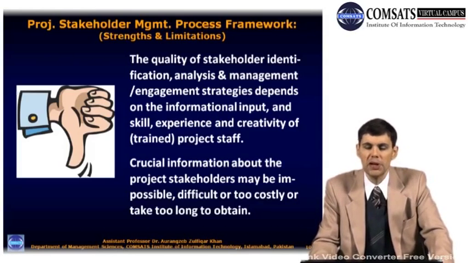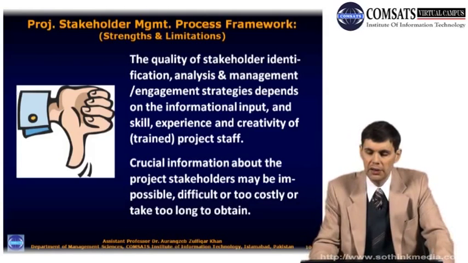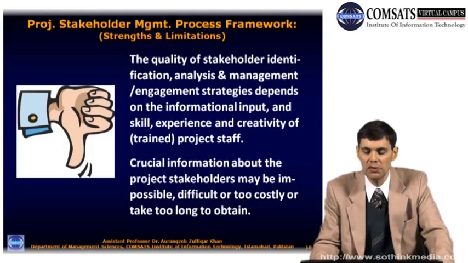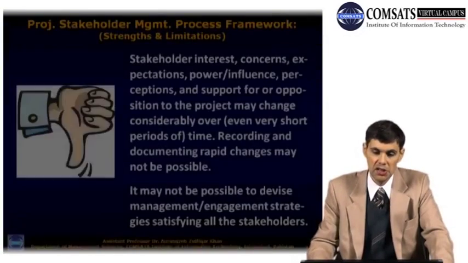Now, getting crucial information about the project stakeholders might sometimes be impossible. It might be difficult, too costly, or take too long to get. And of course this is a challenge, getting the right information about the stakeholders so that one can come up with a viable engagement and management strategy.